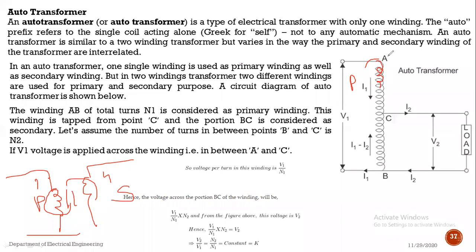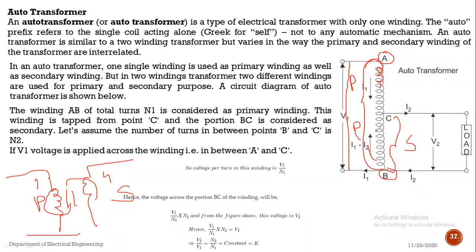So from terminal A to terminal B, this total number of turns acts as the primary winding, right? And from point C to point B, this number of turns acts as the secondary winding.